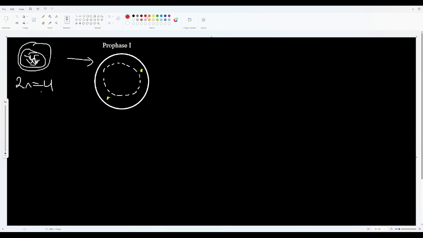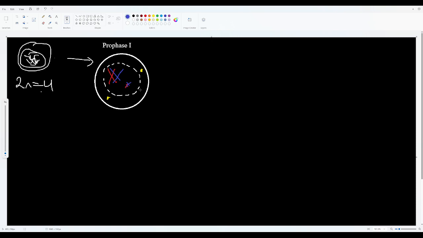But here's what's going to happen now. We have mom's chromosomes and then dad's chromosomes, and these are going to intersect like this. Kind of like that, right? We could draw it a little better here. Yeah, that's good.